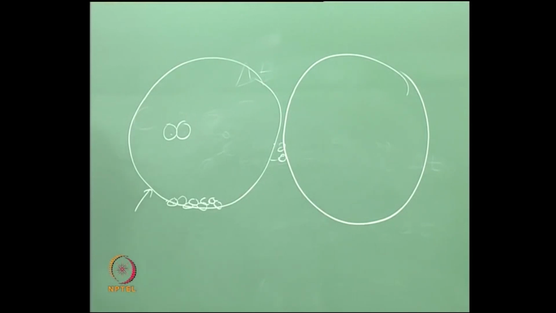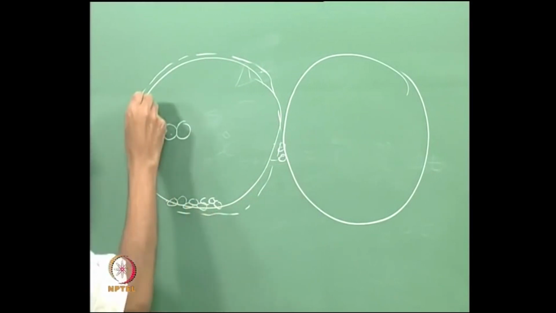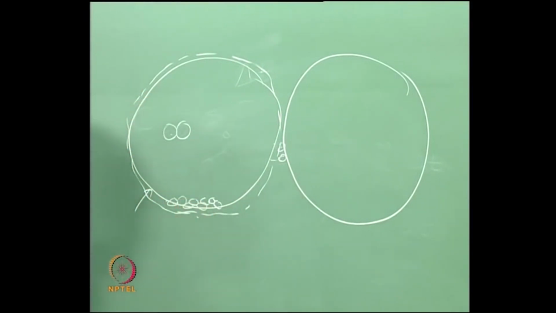Well, basically this is done by providing a very thin coating around the outer circumference of the tablet, and this is usually a low surface energy material.